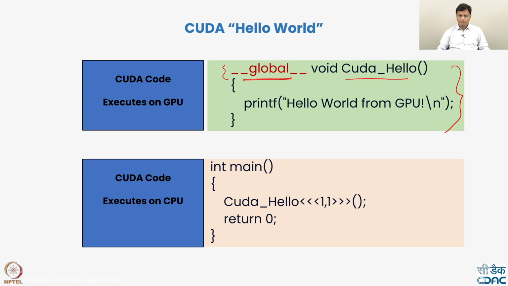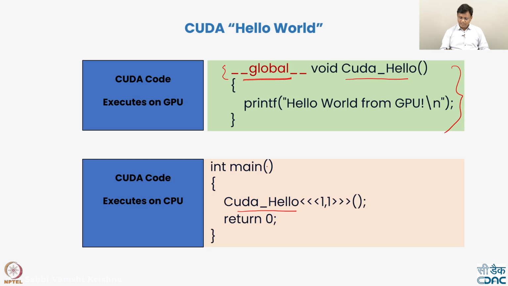Now, I have to write another program, the main program, and in this main program we have to call this GPU function, which we call a kernel.